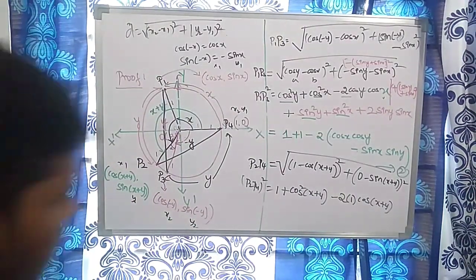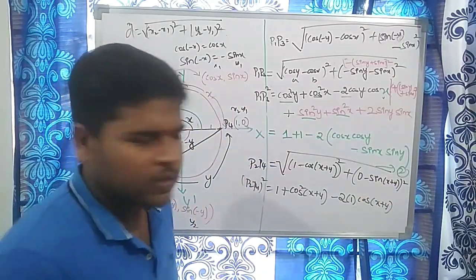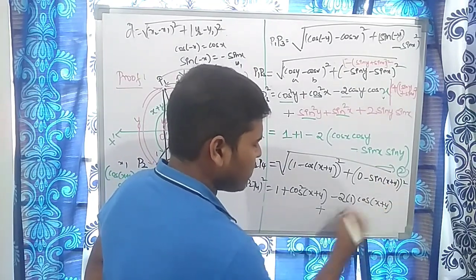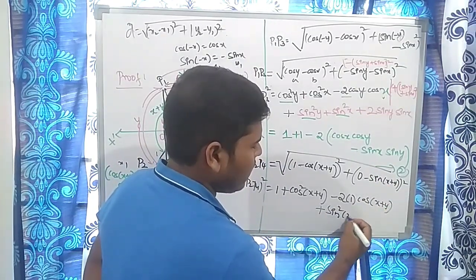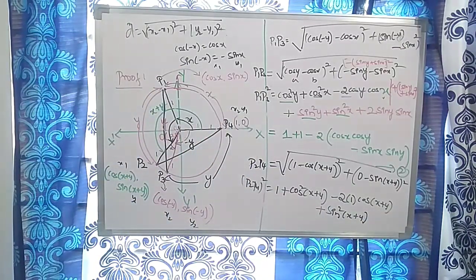Then on the right hand side, 0 minus sin of x plus y is minus sin of x plus y. Square is there, so minus becomes plus: sin square of x plus y. Please pause the video to note it down.